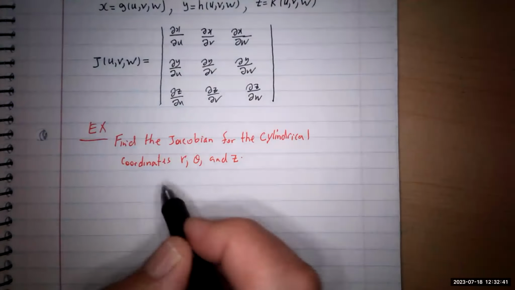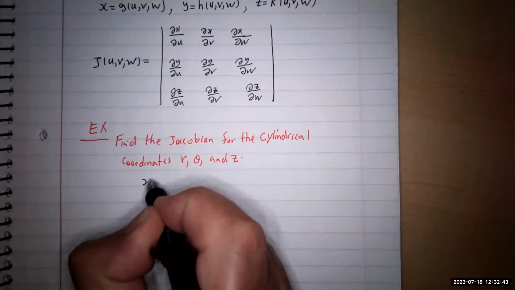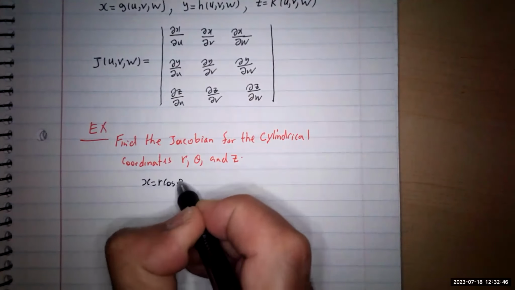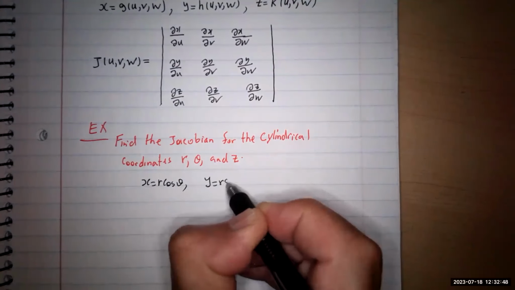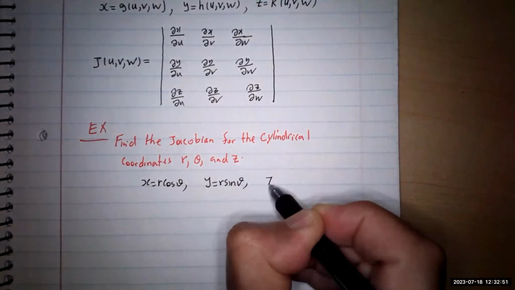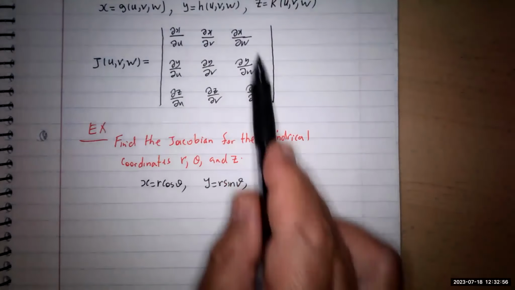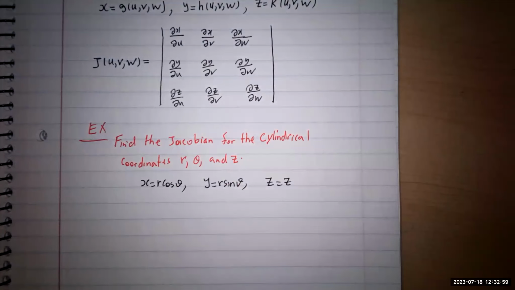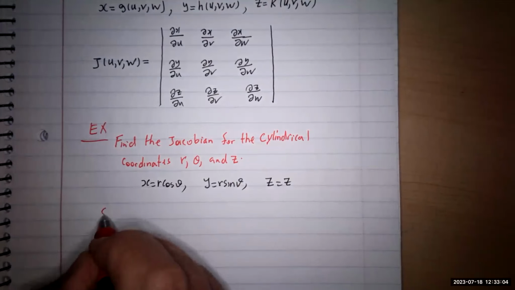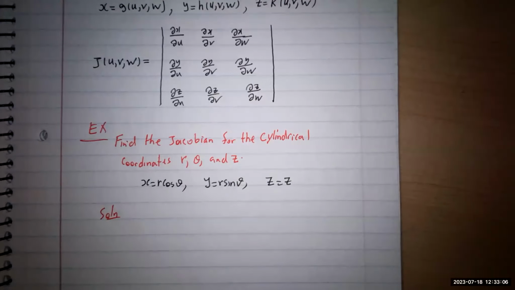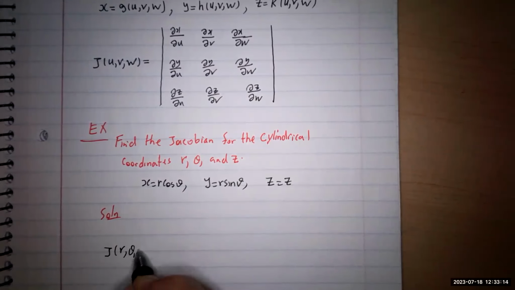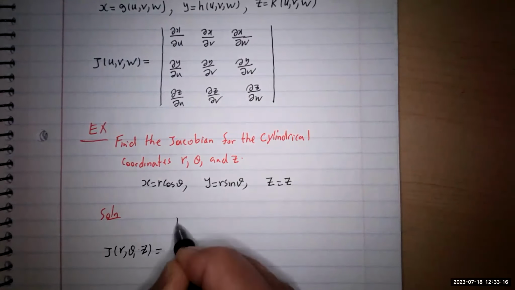You know that in this case, your x is r cosine of theta. Your y is r sine of theta. And your z is just z. So you have to use this formula. Okay, let's do it. So what is going to be the Jacobian of r, theta and z? It is the determinant of this matrix.